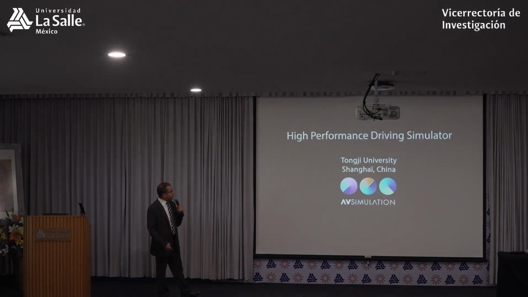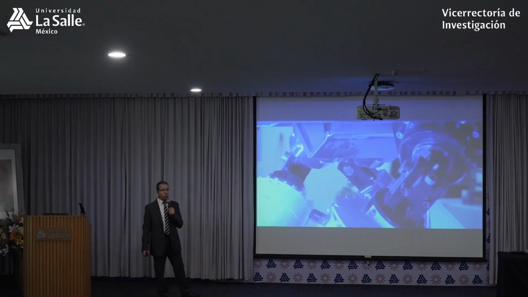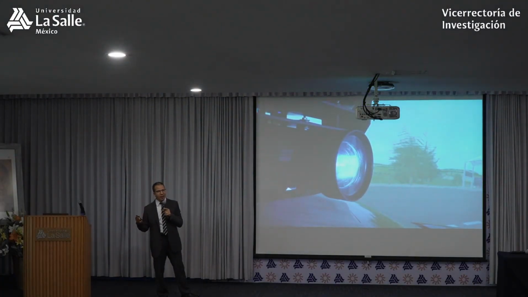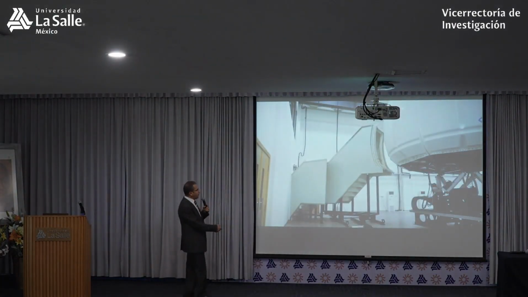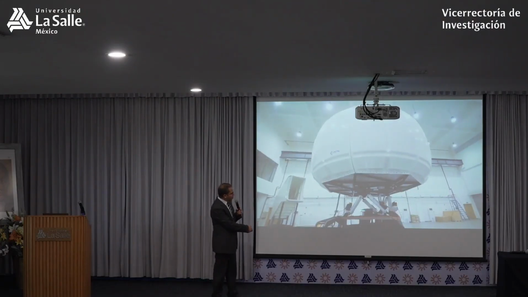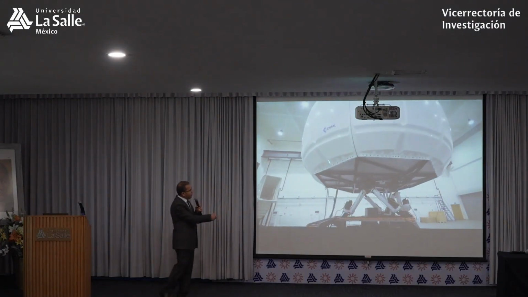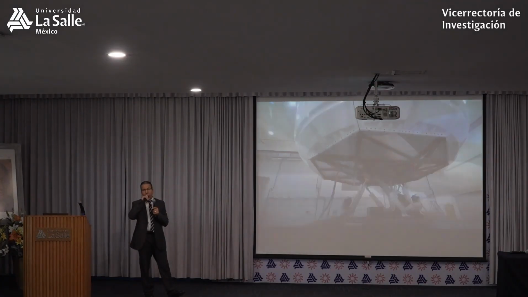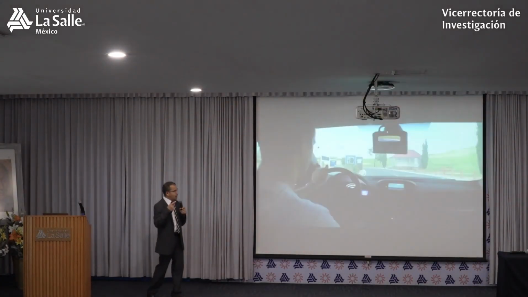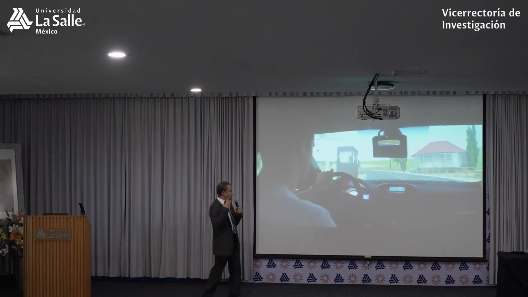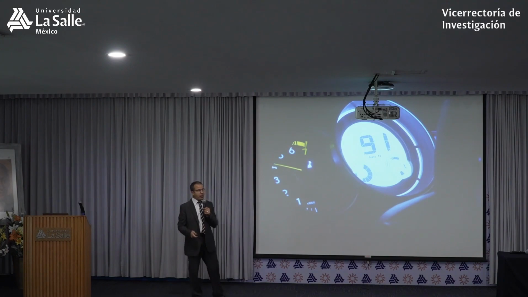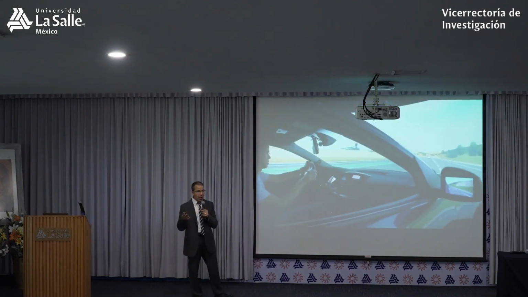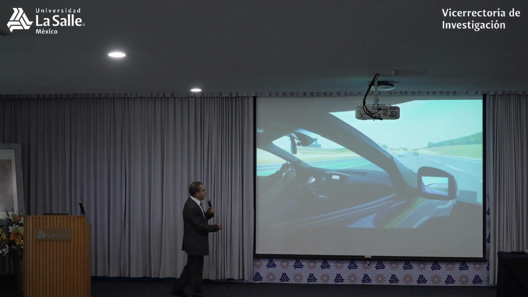Let's get started. To start, I will show you two short videos just to see a real application where these robots are used. The first application, as you see here, is a parallel robot moving a big cabin, and this is a driving simulator. If you want to learn or do training for driving a car, you can use this simulator. Inside you have the environment of the car, like a real car.